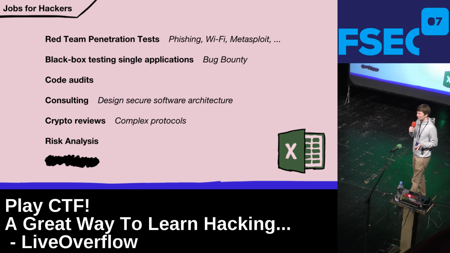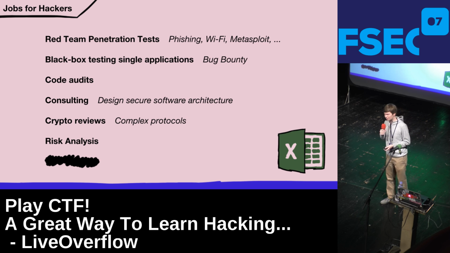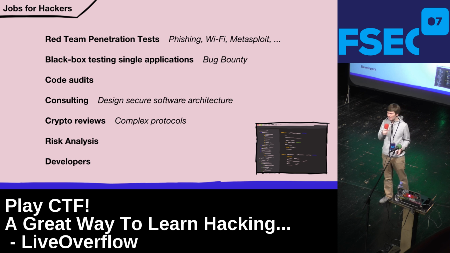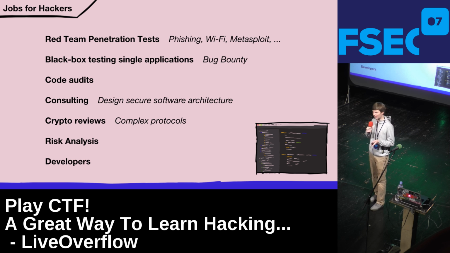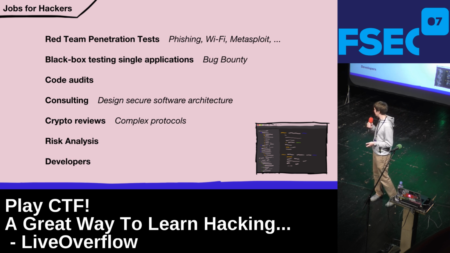You could also be somebody who just sits in front of Excel and does risk analysis and pushing around some numbers to see how much damage could be done or what the probabilities are. Or you are just a developer who has to write secure code, and that's good if you identify as a hacker and you are a developer. Hopefully you write less insecure code.